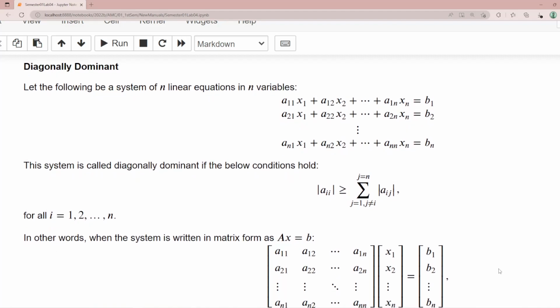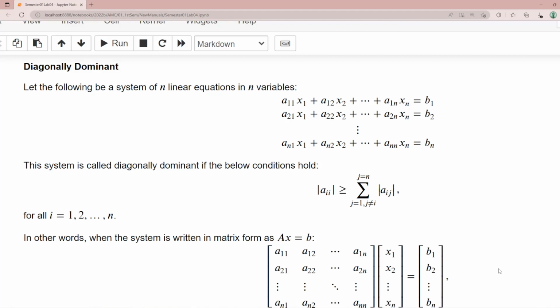So let's consider a system of n linear equations in n variables. The coefficients are represented as a11, a12, all up to a1n, corresponding to the variables x1, x2 to xn. So the linear combination of all the variables, considering the coefficients as a11, a12, all up to a1n, is equal to b1, and similarly for all the n equations.